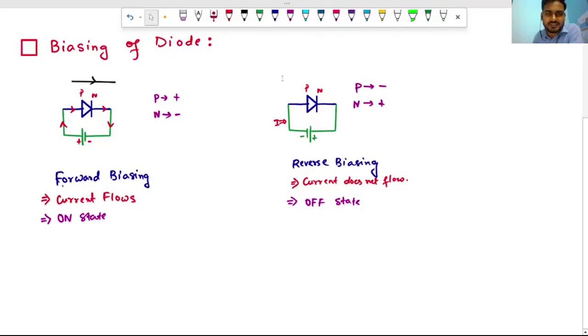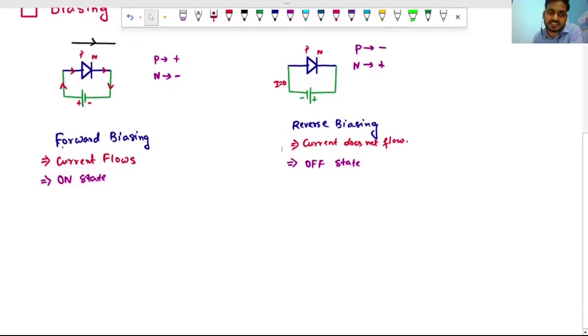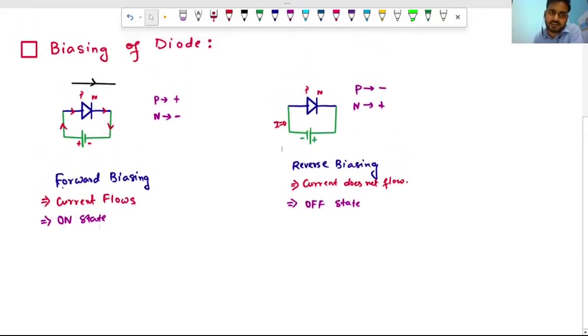Now we will check how this diode works, how this switch property works in actual circuits. So now we will be discussing circuits where diodes are used. You already studied electrical current, electricity. We added the battery with resistance and we calculated voltage, current and all. Now we will include a diode in that kind of circuit and we will check how the current flows.